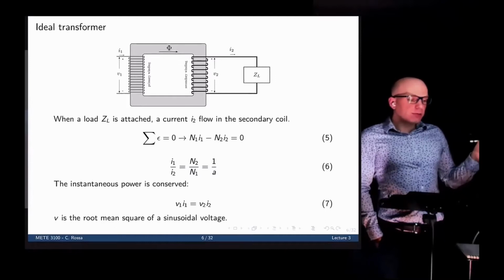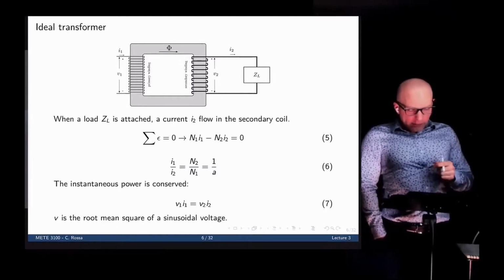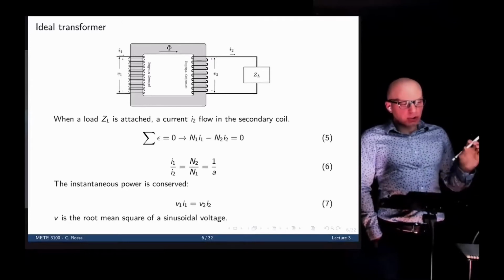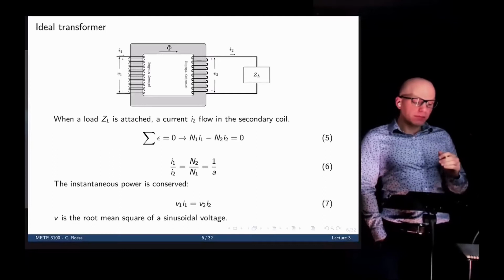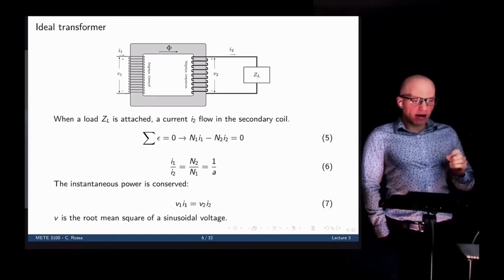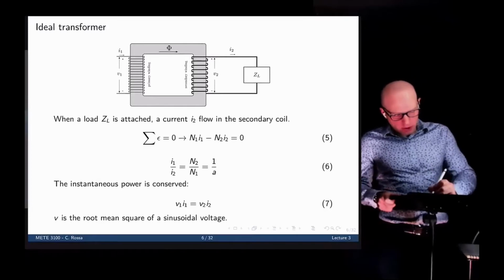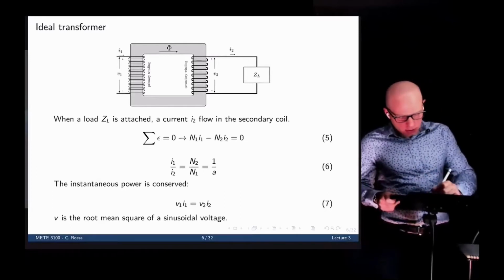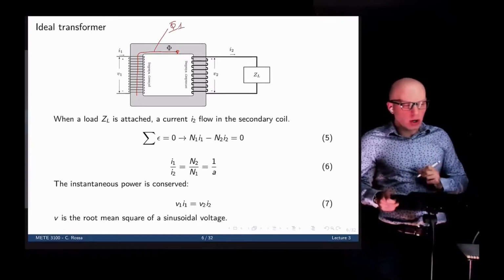Now that we've related voltages, let's relate currents. If we think about the generated flux from each coil and we think about Lenz's law, the net EMF in the core must be 0. The EMF from one coil, let's say this coil here, creates a magnetic flux phi1.